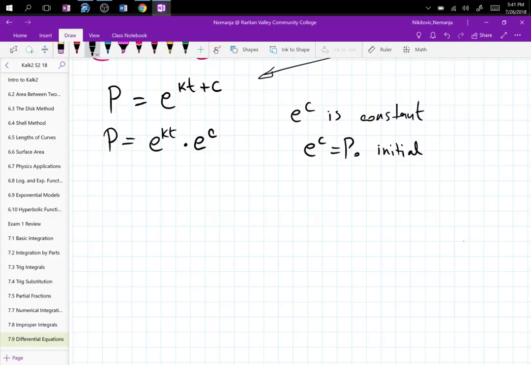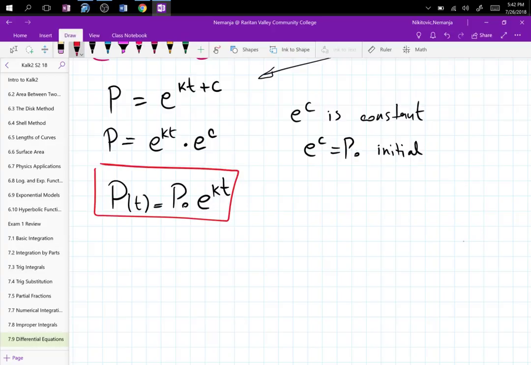I'm going to take this constant term, e to the c, and I'm going to make that into initial population p0. So now my formula becomes p of t is equal to p0 e to the kt. We have solved the differential equation.